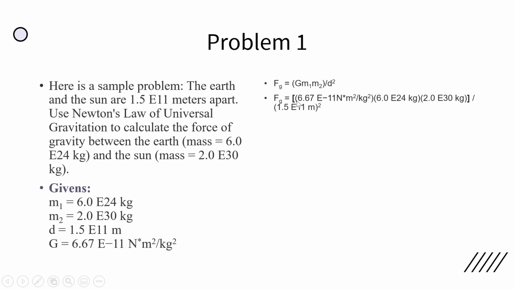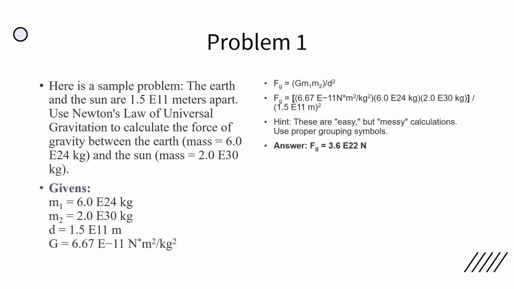So one more time, in this case it will be 6.67 times 10 elevated to the minus 11th power, multiplied by 6 times 10 elevated to the 24th power, times 2 times 10 elevated to the 30th power. When you get your result, you are going to divide that by 1.5 times 10 elevated to the 11th power, and all of that elevated to the second power. Alright.